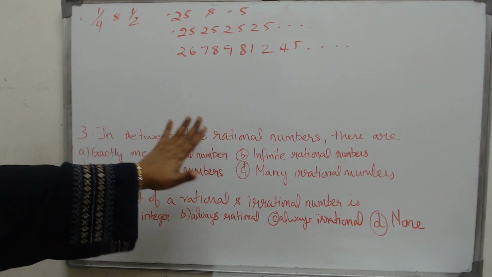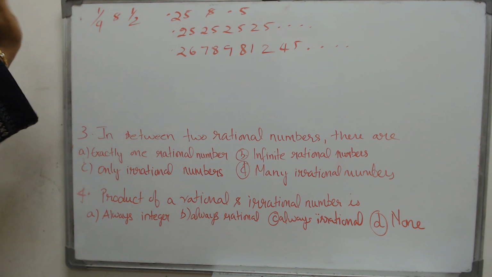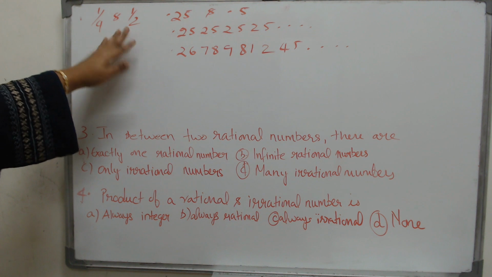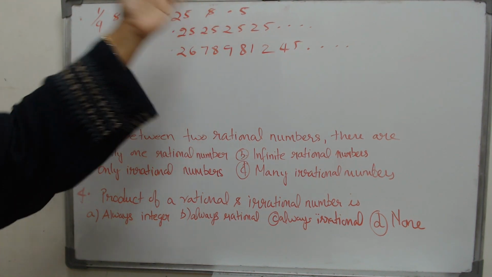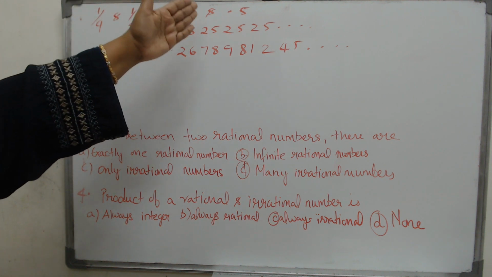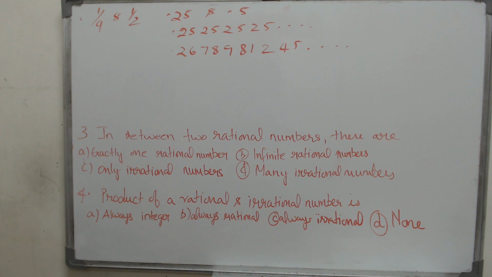In between two rational numbers, what happens? I have randomly taken two rational numbers, 1 by 4 and half. 1 by 4 is 0.25 and half is what? 0.5. Now, between these two numbers, you can find any number of rational numbers. How does your rational number have to look like?